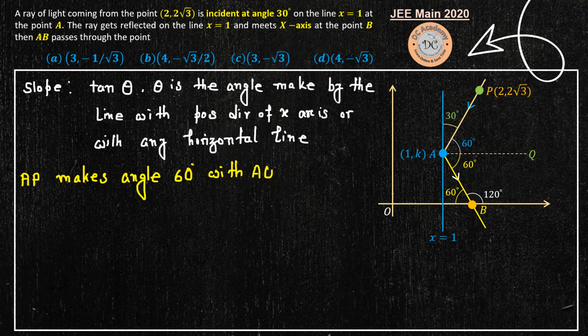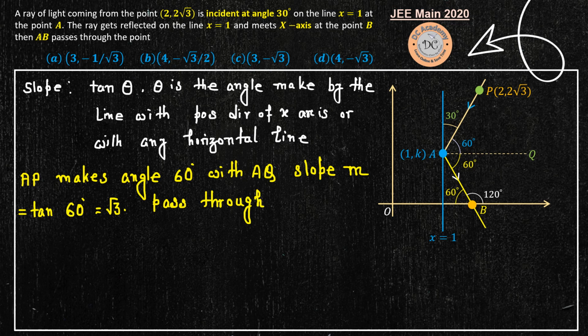So therefore the slope m must be equal to tan of 60 degrees. And we know that tan of 60 degrees is root 3. It also passes through the point P, whose coordinates are given as (2, 2√3).